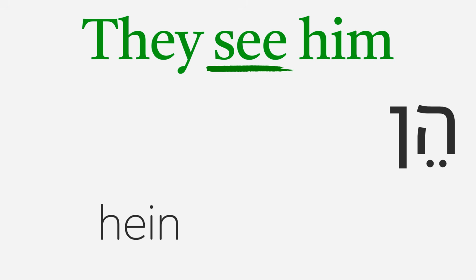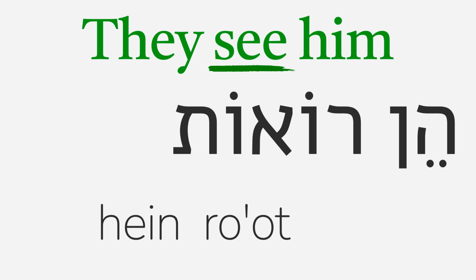Now that we know that, we can say they see him. To say they in Hebrew, let's use the feminine hein. The verb see, therefore, must be in feminine plural form, ro'ot, to agree with the feminine plural pronoun hein. The next word is him.